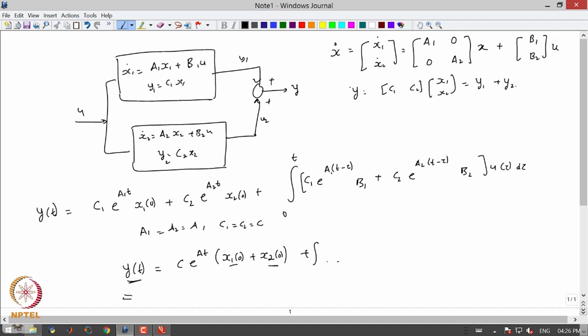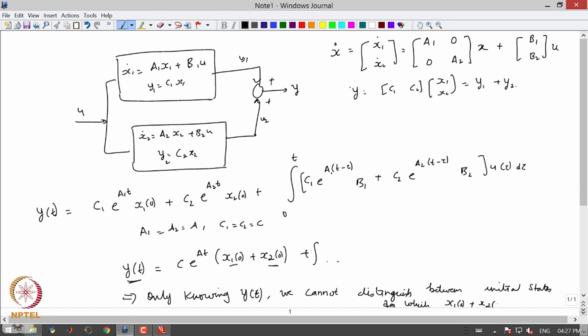So by this expression we can conclude that by only knowing y of t, we cannot distinguish between initial states for which the sum is the same.